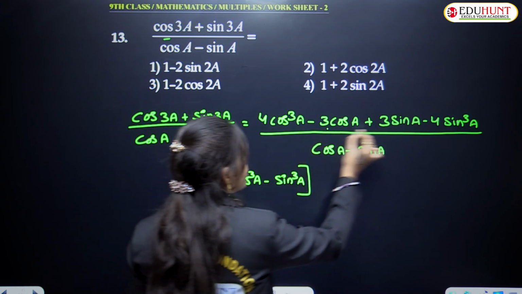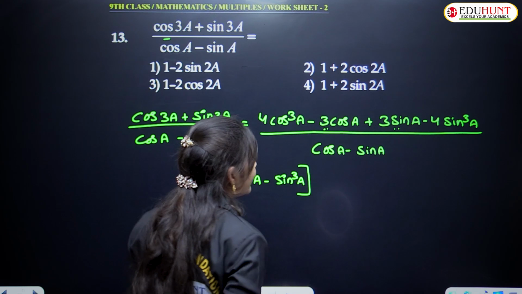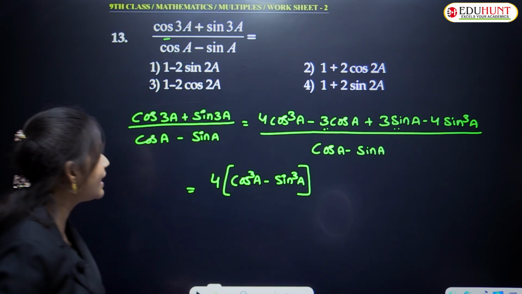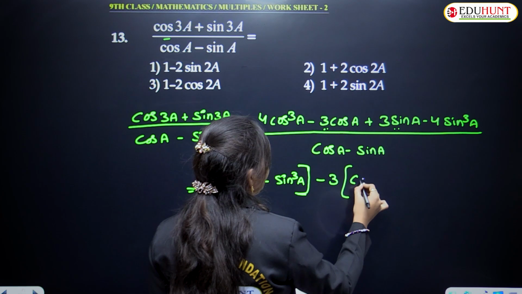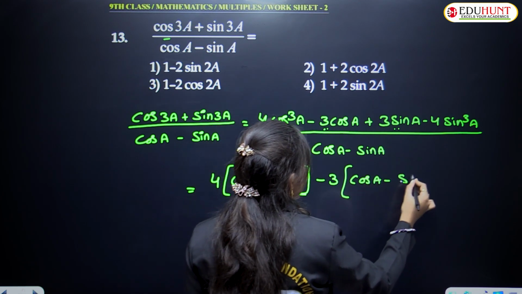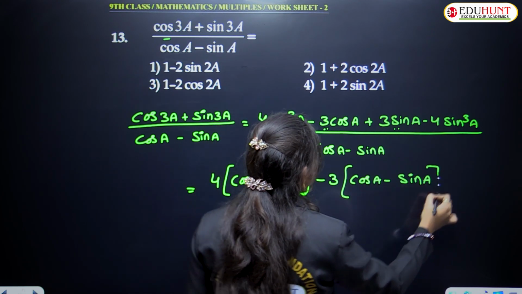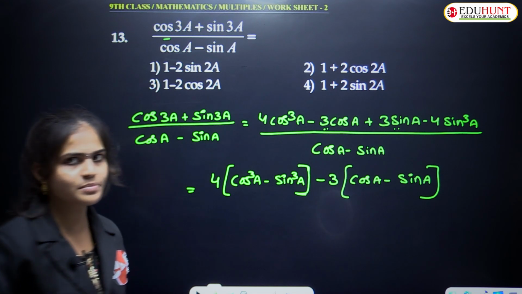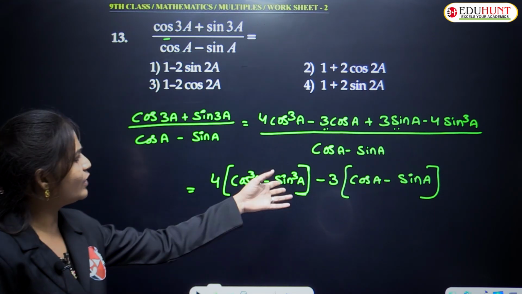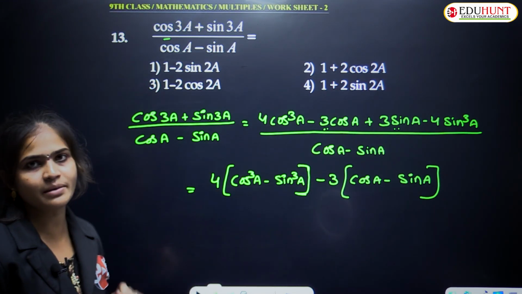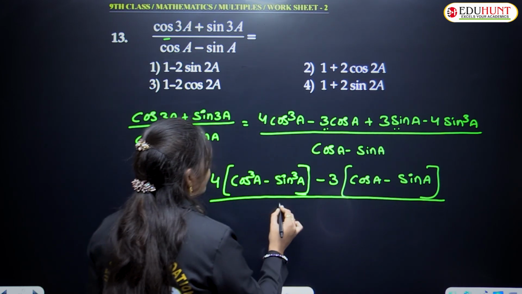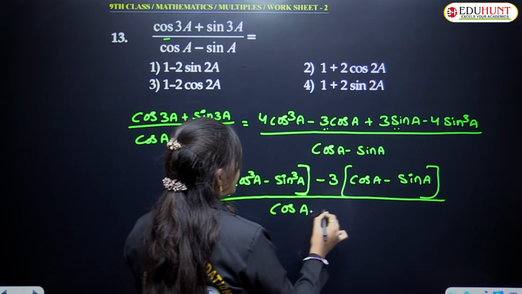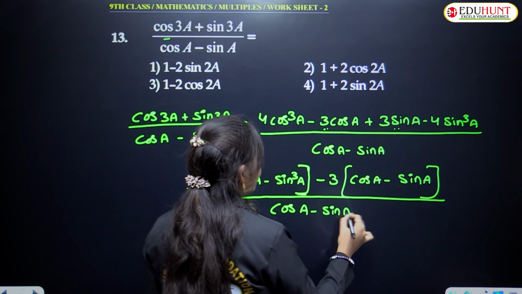And from the other two terms I want to take minus 3 as common, leaving cos a minus sin a, because the same terms are there. Anyway you can take it otherwise, but one more step will come. So directly we can write this divided by cos a minus sin a.